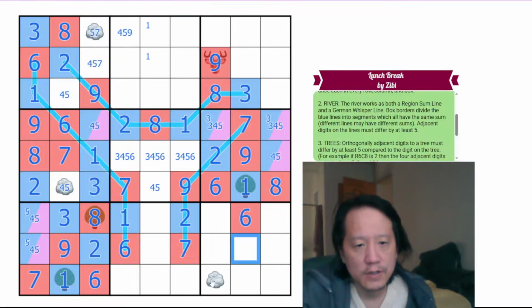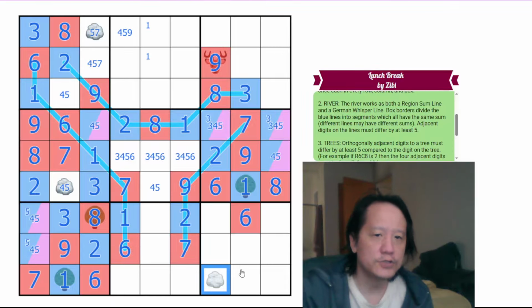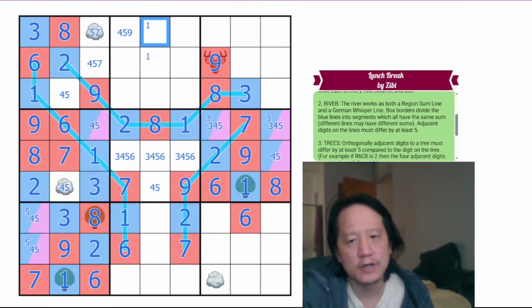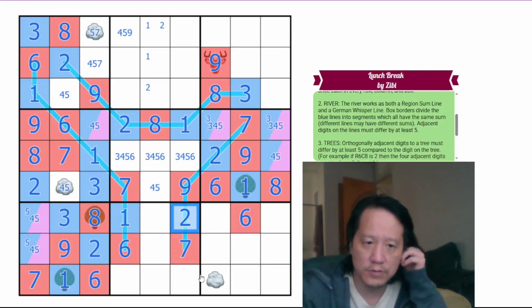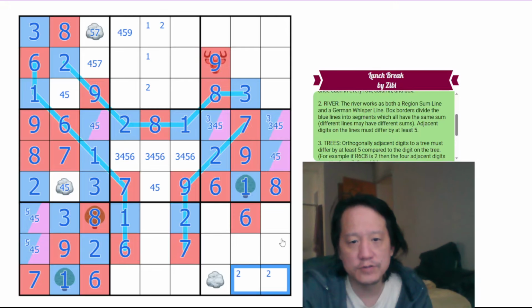Okay. There's a rock here. 2 also has to be in column 5 here because we already have a 2 here and a 2 here. We have a 2 here, so 2 has to be one of these 2 here.